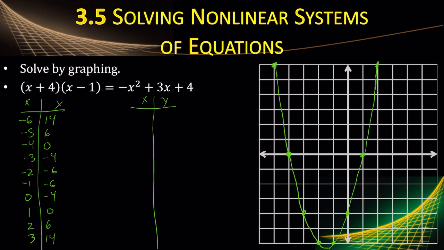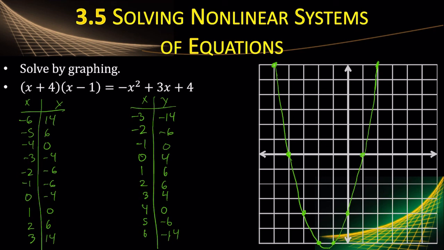So again, I'm going to put this in my calculator to make a table. And you have to make sure that you have all the points. And graph those that fit on the graph.